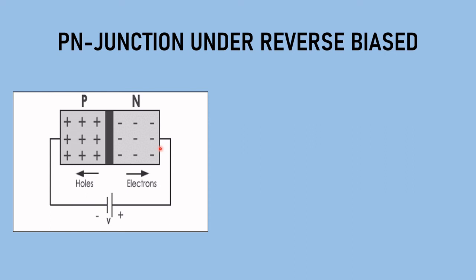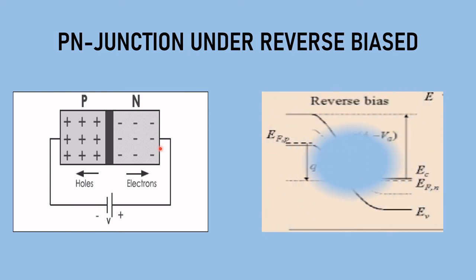And this is the energy band diagram of reverse bias condition of PN junction. What we know is, if we apply a potential between the P and N region, we will no longer be in an equilibrium condition.